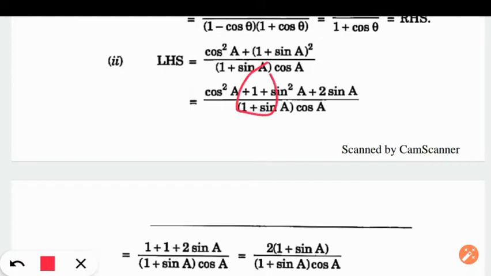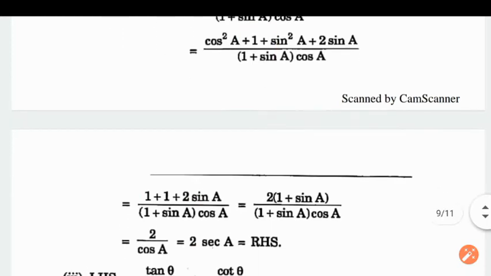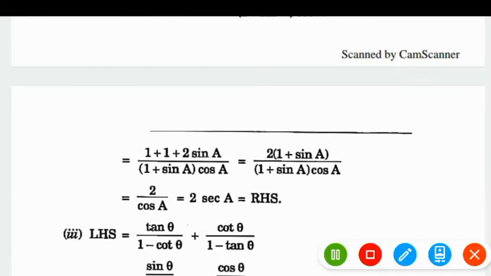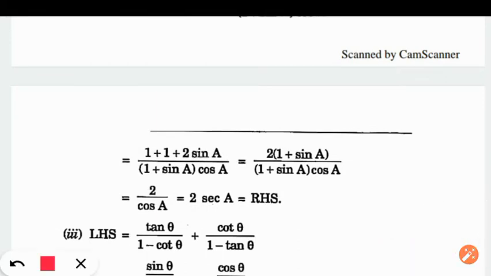So here we have 1 plus 1, and 2 sin a is as it is. Now this gives you 2, so we can take 2 common. Within the bracket we will get 1 plus sin a. Now 1 plus sin a cancels out. What is left is 2 by cos a, which is 2 into 1 by cos a, which is sec a. So 2 sec a. RHS proved.